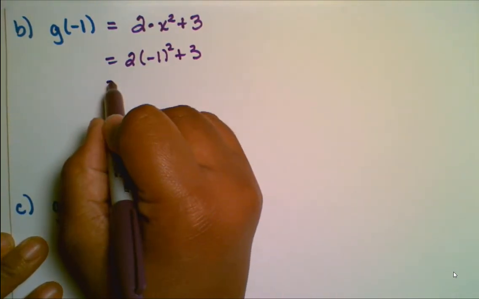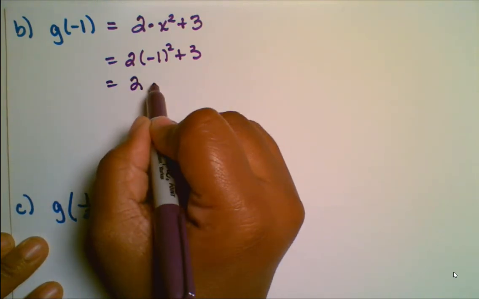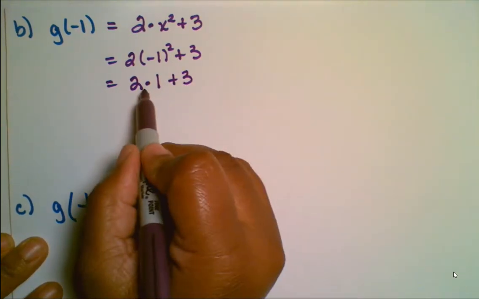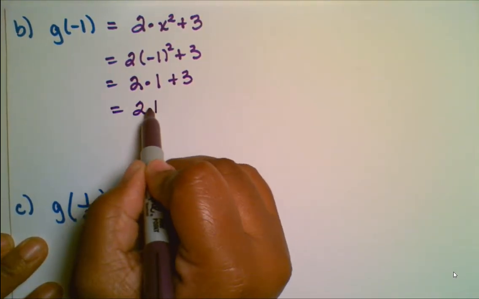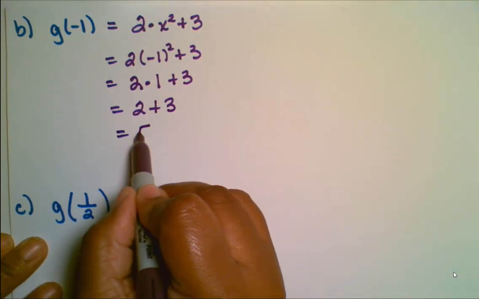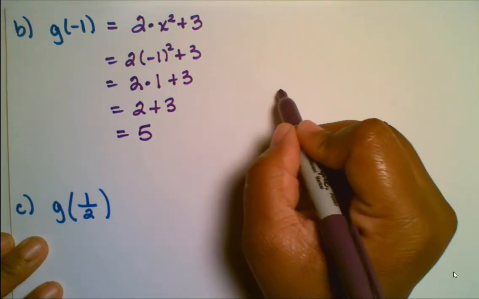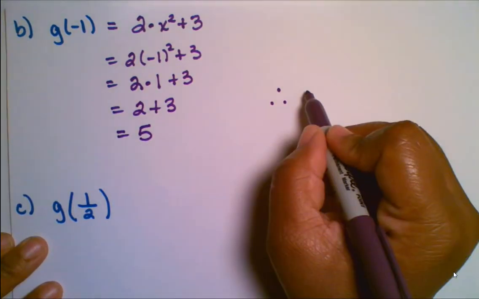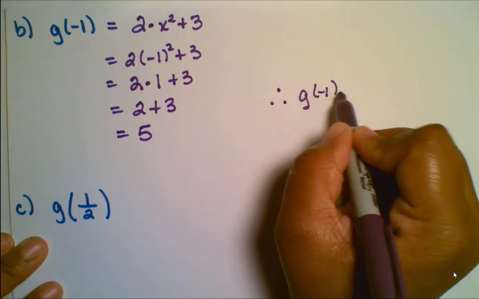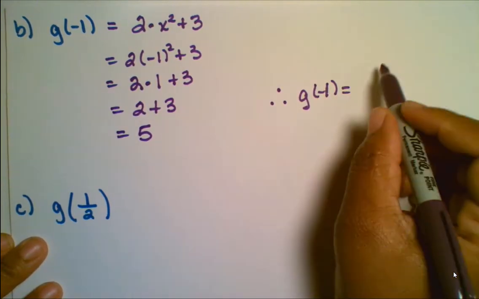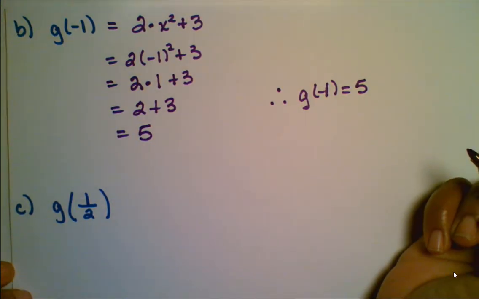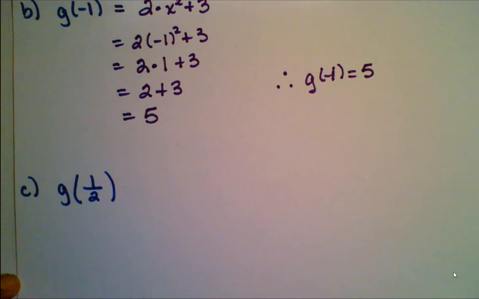Square your negative 1: negative 1 times negative 1 is positive 1, plus 3. Multiply 2 times 1, we have 2 plus 3, and that would give us 5. Therefore, when you see me write 3 dots, it means therefore. Therefore, g of negative 1, your x value, will equal positive 5. That will be your y value.